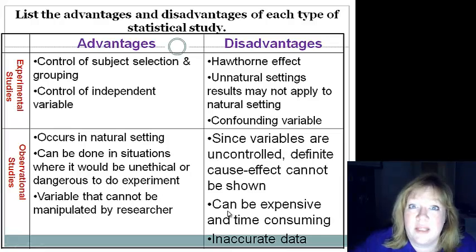It can also be expensive and time consuming to get all that stuff together. And you could get old data that whoever compiled the data messed with. They didn't give you accurate data. So inaccurate data is also a disadvantage of the observational study. Okay, so hopefully you know experimental study, think control freak. Observational study, you're just observing.